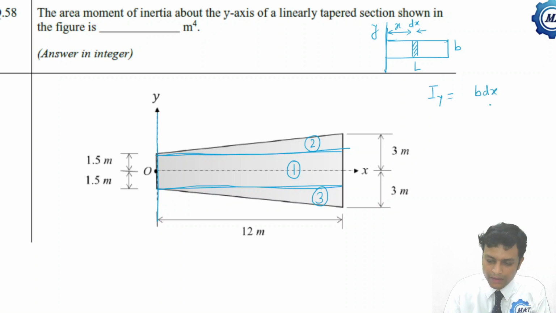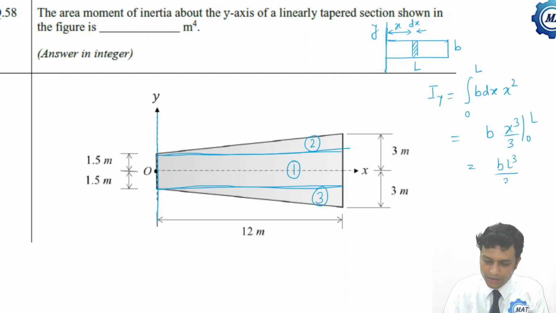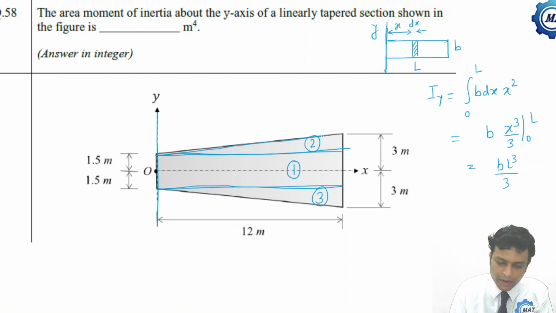B dx. And the distance is x, so x square. So we integrate over 0 to L, and doing that, B x cube by 3, limit 0 to L, that is B L cube by 3 for the rectangular element.